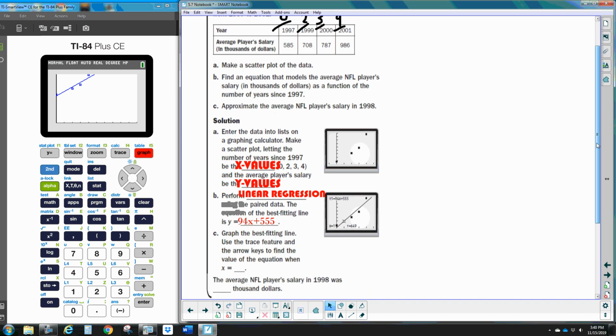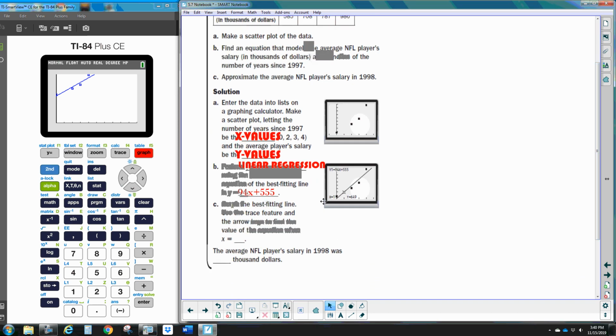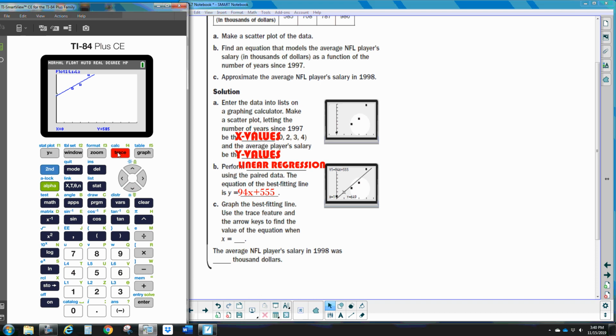So in my calculator, I graphed it, and I could actually see a best fitting line. Letter C says, graph the best fitting line, use the trace feature and the arrow keys to find the value of the equation when x equals something. So I'm just going to use the trace function here, and I'm tracing along my line. Oh, it's going on my points.